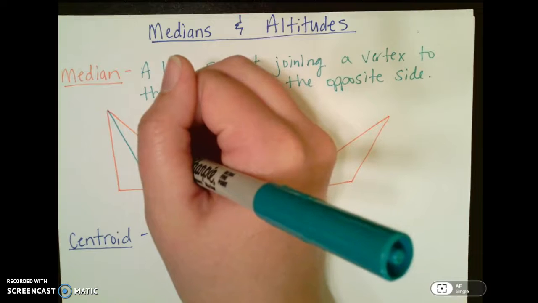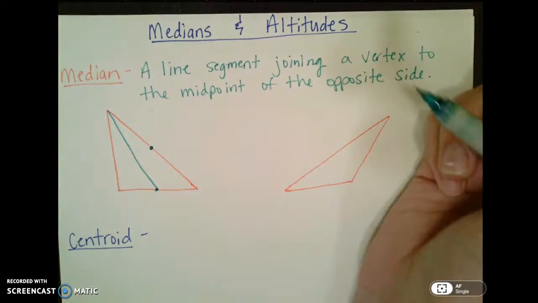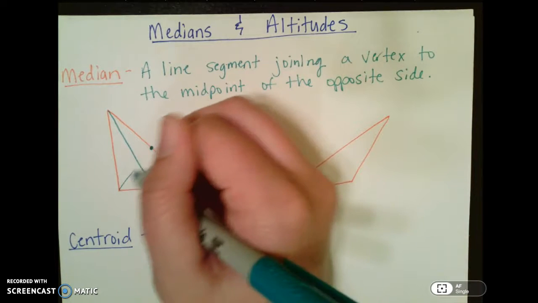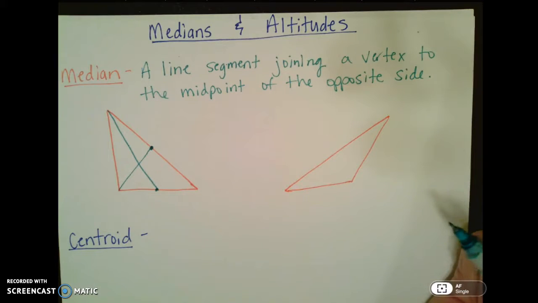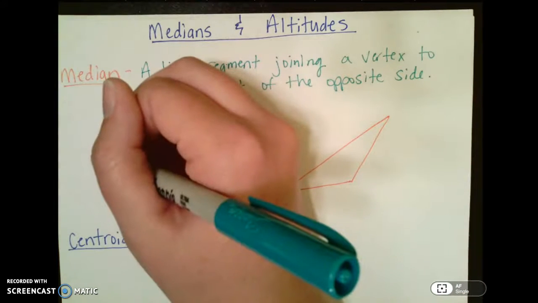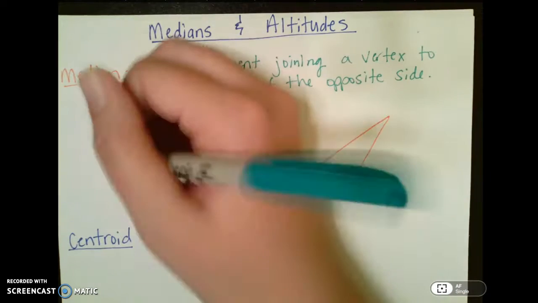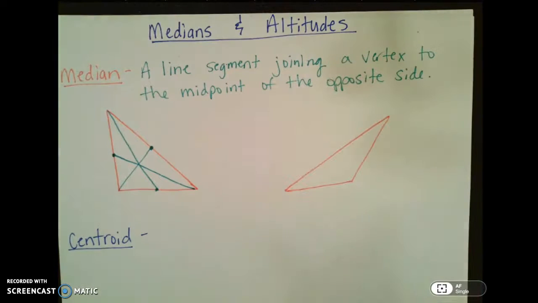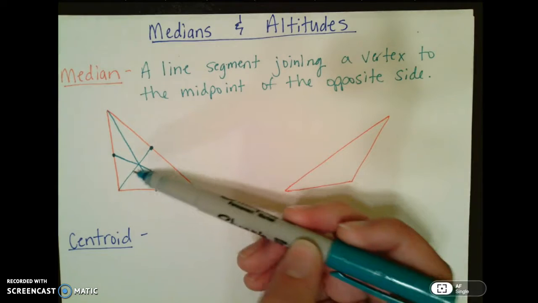Remember, your midpoint is the point in the middle of a line segment. So another median would be from this vertex to that midpoint. And then my last median would be from this midpoint to this vertex. Now, notice all the medians intersect at one point.